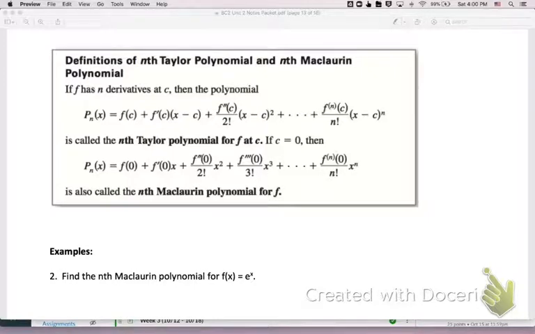Every single derivative, these all match in kind of a triangle, okay? Look at what happens here. This is essentially the 0 derivative, we don't really call that a thing, but this is how you can think of it, times x to the 0 over 0 factorial. 0 factorial is equal to 1. That's a definition. So you just end up with f of c on its own. This is the first derivative, first power over 1 factorial, which is just 1.